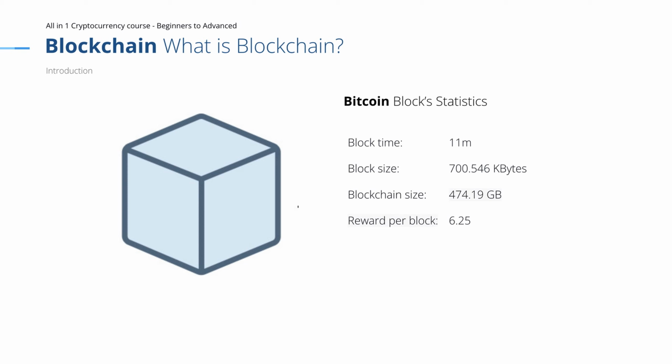Each block contains more or less 1000 transactions. When it reaches the maximum size of the block, it generates the next block. And here is a reward calculation that we will discuss in detail in our mining section.